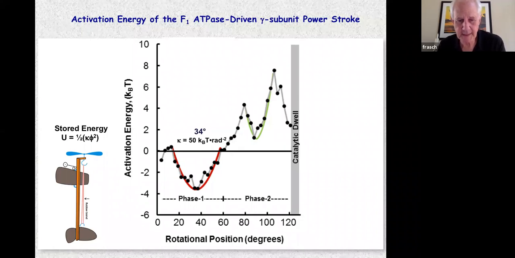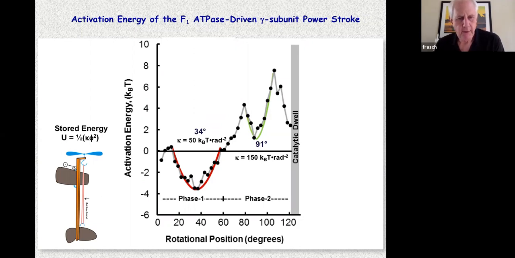It has a maximum of about 34 degrees. We also saw another parabola-shaped decrease, and that we assumed was due to a spring constant that was stiffer, with 150 kBT per radian squared.